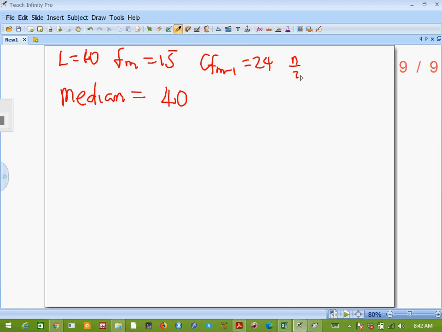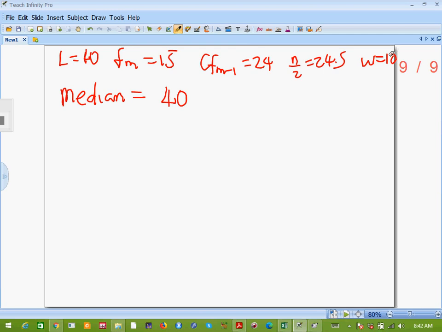N over 2 is 24.5. The class width is 10. Now, when you are putting the N over 2, please do not put the approximated value. You have to put the one that you originally found, which was 24.5.